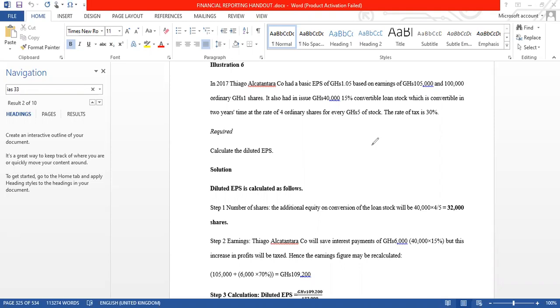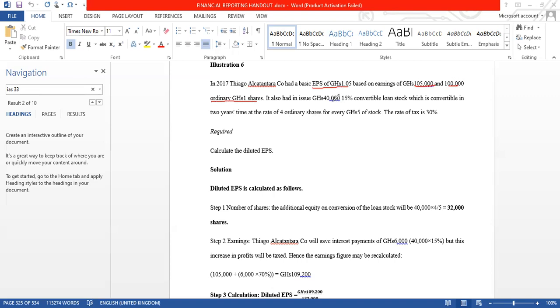All right, so let's look at this. Thiago Alcantara in 2017 had basic earnings per share of 1.05, based on earnings of 105,000 and ordinary shares of 100,000 Ghana cedi.